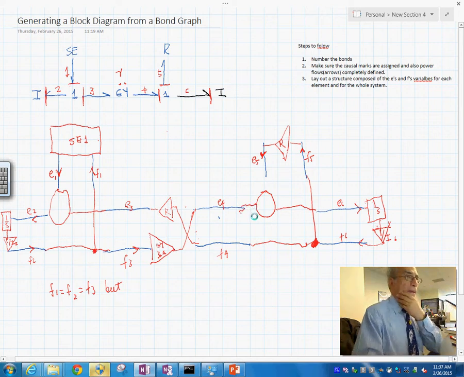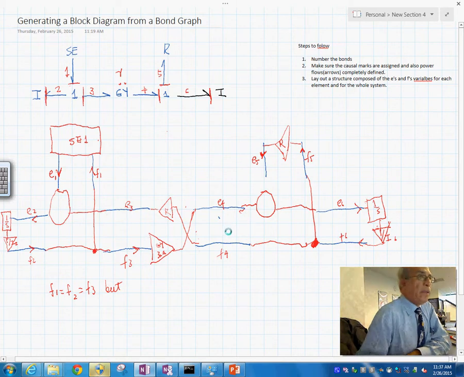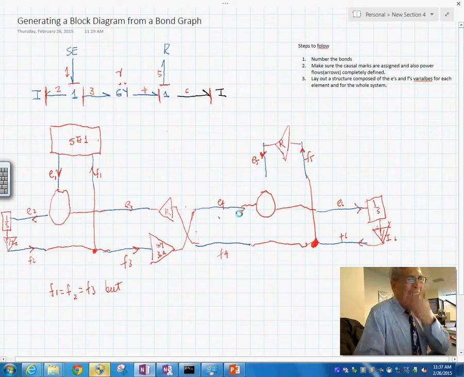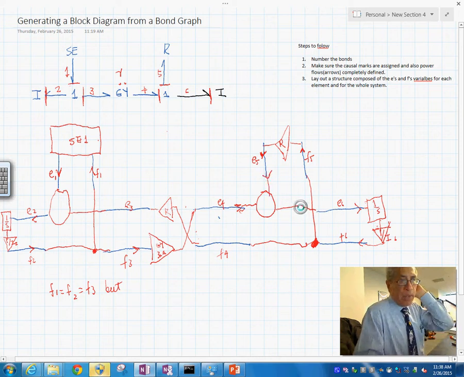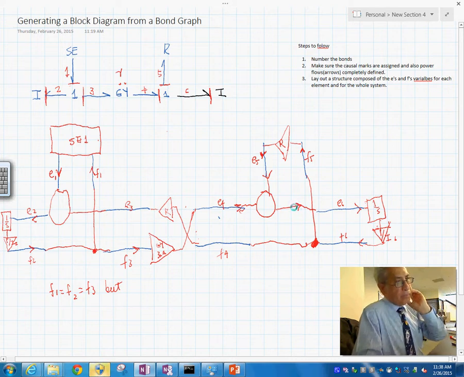What do we have in here? We have that the flow is going away and therefore it's coming in. So this is the way we have it, right? This too, and here. And E sub 6, F sub 6 goes this way.